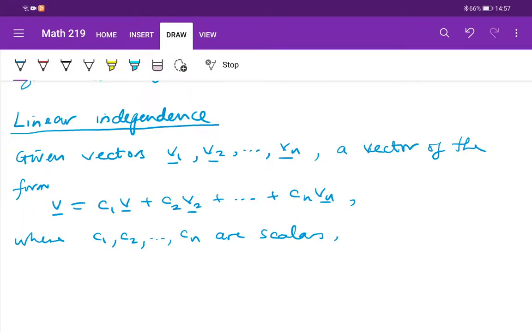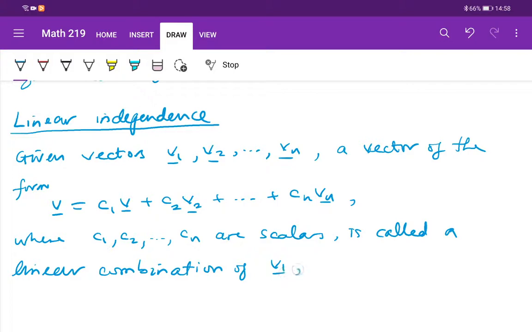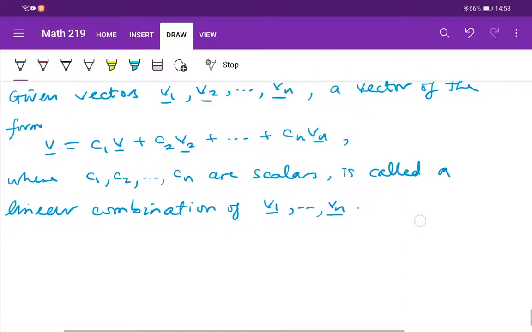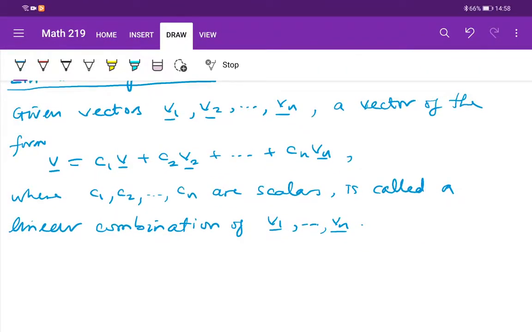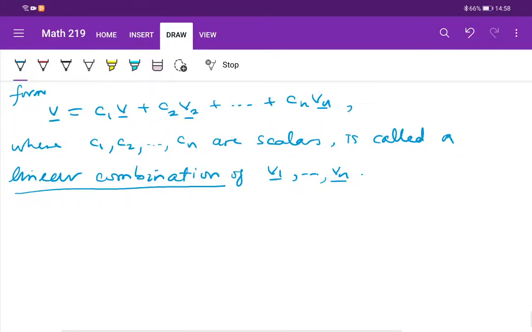So any vector v written in this form, we call a linear combination of the vectors v1 to vn. So that's the definition of a linear combination, and now we can define what linear independence is.